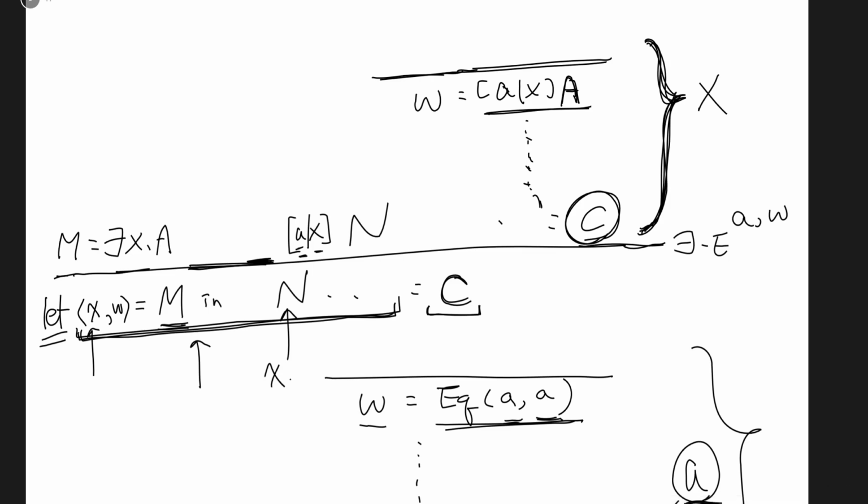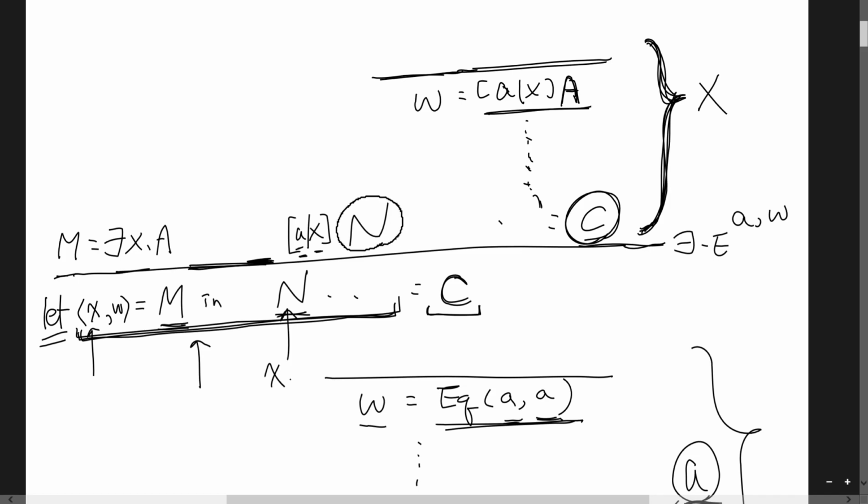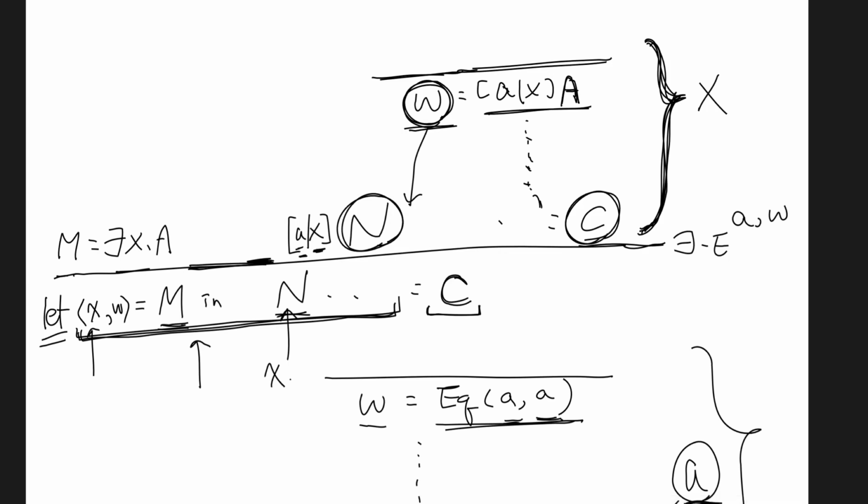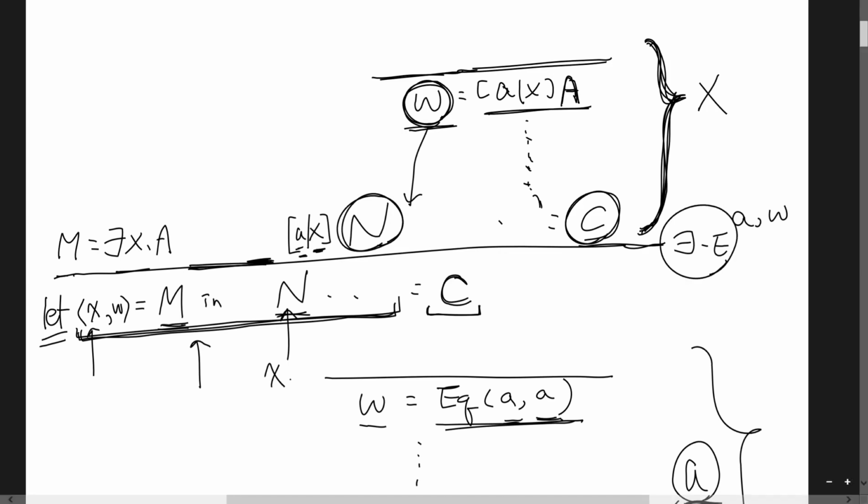And moreover, this proof term n may contain not just the term variable x, but also proof term variable w. Because we started with this variable w. So it goes without saying that this proof term m may use this variable x as many times as it needs. So this is the existential elimination rule.